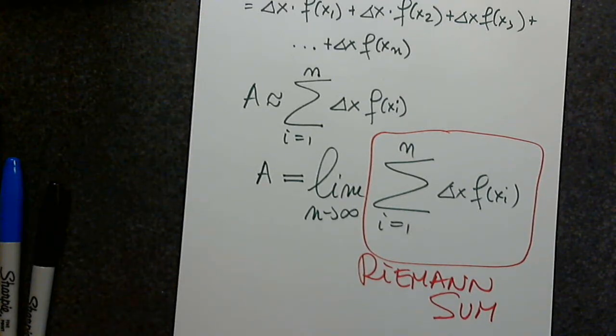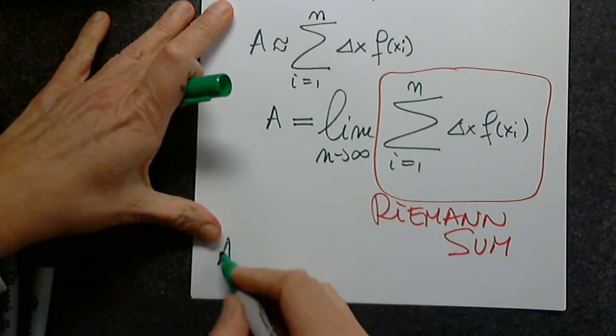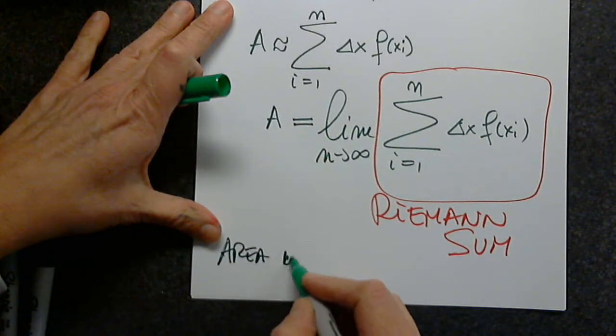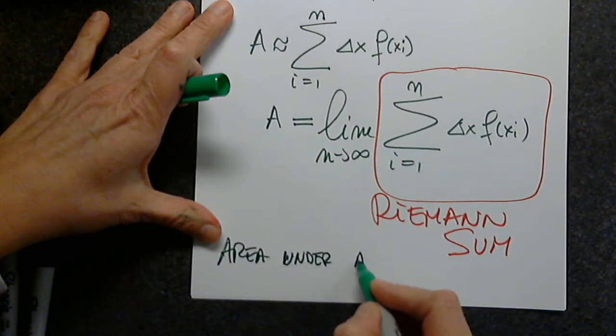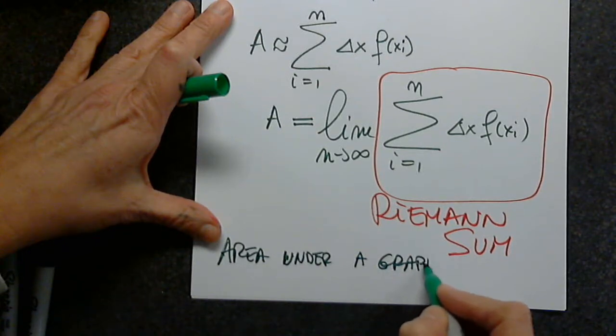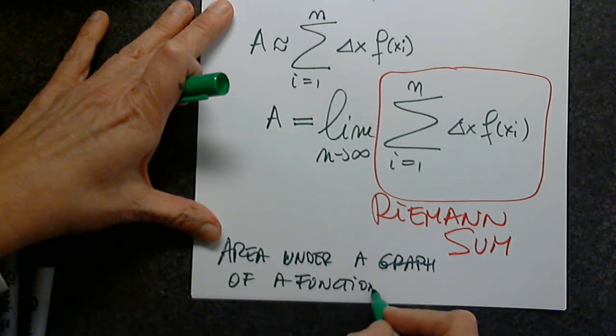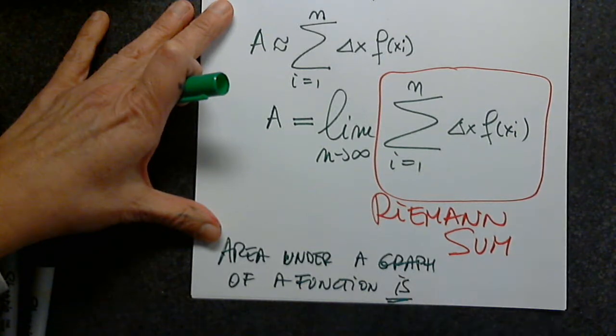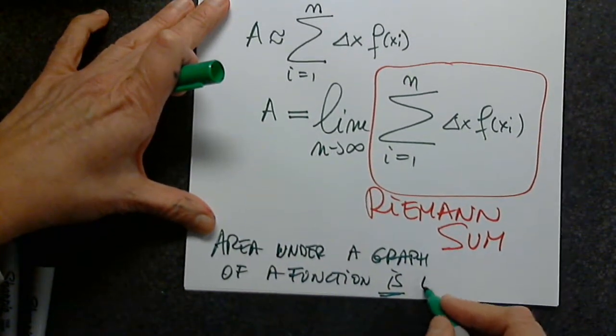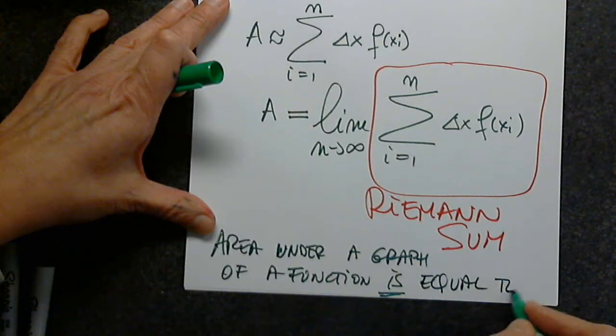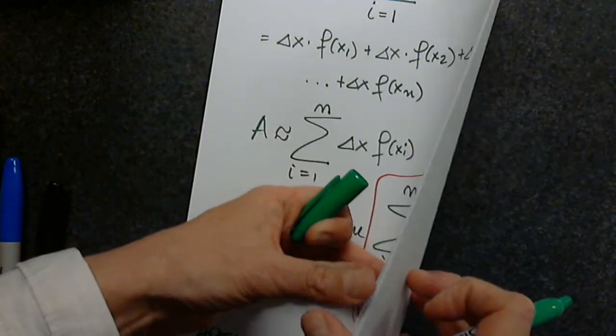That's it. So the area under a graph of a function is, no approximation, is equal to the limit of the Riemann sum.